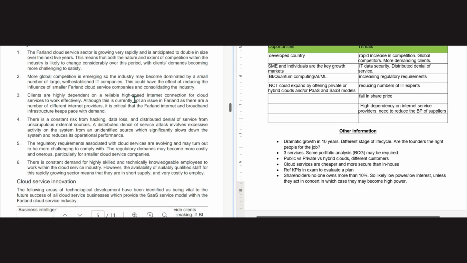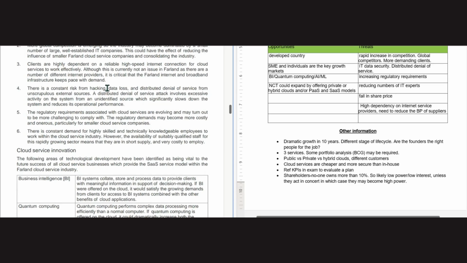So if these internet service providers suddenly multiply their costs 100-fold or whatever it is by using their bargaining power, because without their service we simply cannot operate, then that's called high bargaining power. And we know from Porter's 5 forces model that is something that we need to address, to reduce their bargaining power.